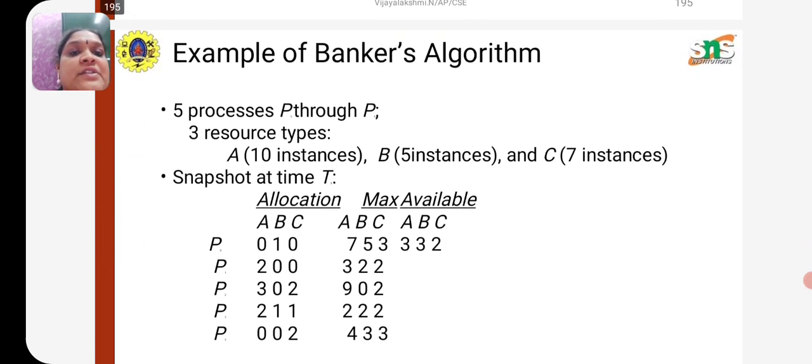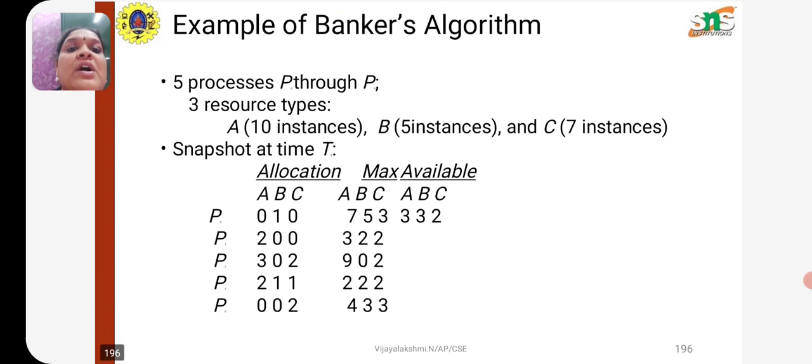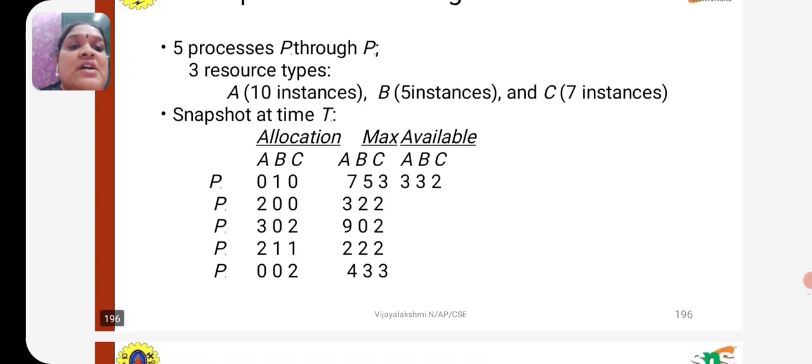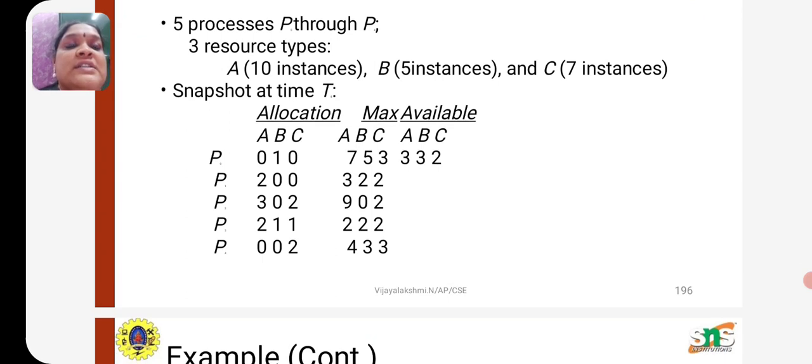Example: we have 5 processes, P0 through P4, and 3 resource types. The total instances given are 10 for A, 5 for B, and 7 for C. Here is the snapshot for a particular problem.